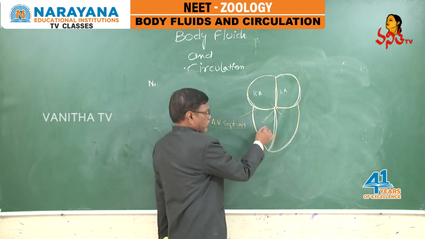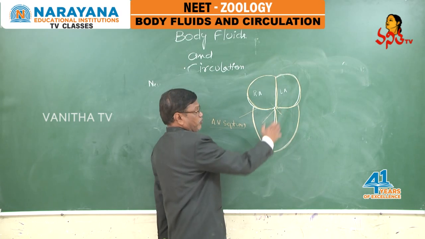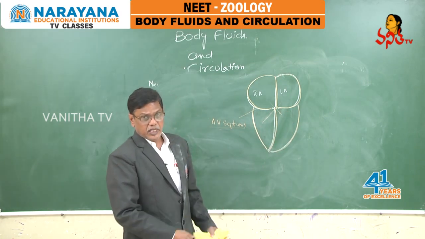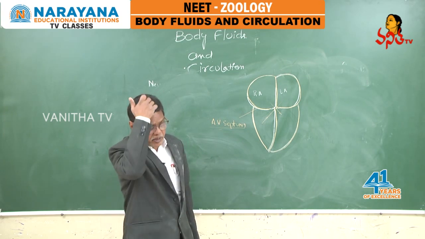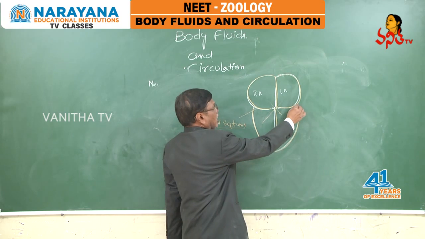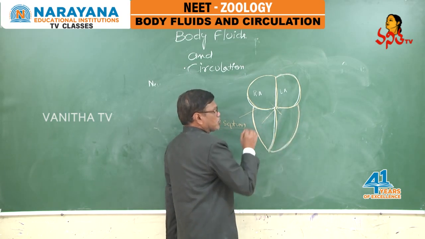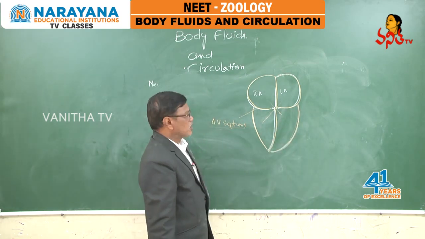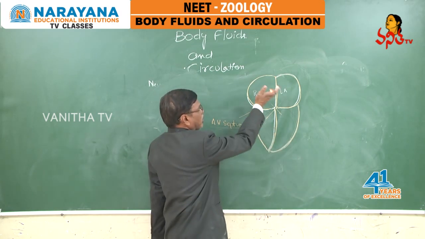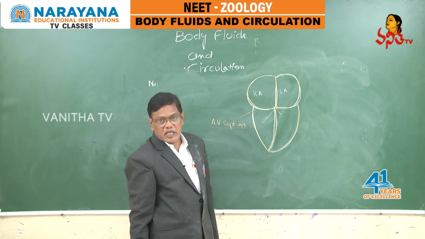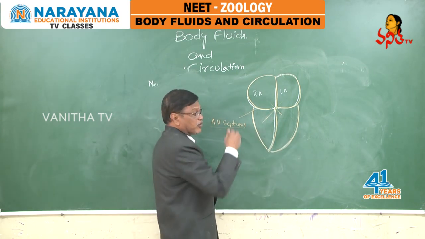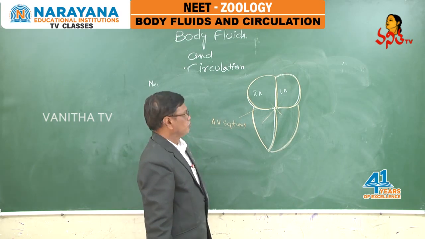And among the ventricles, as the left ventricle has to generate more pressure to pump the blood up to the tip of the head and down to the tip of the toe, the left ventricle is more muscular and thick compared to the right ventricle.